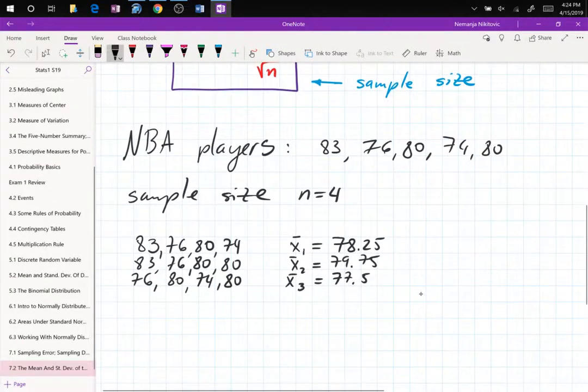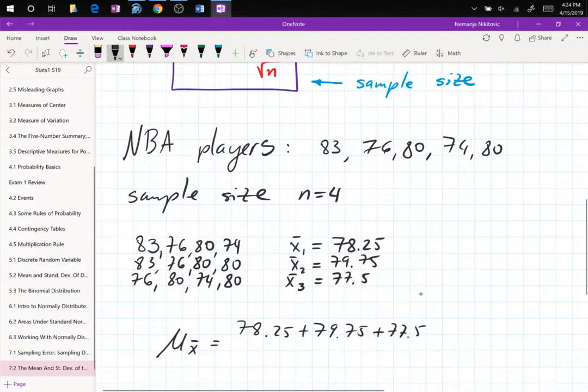Now, to find the mean of means, you will add these numbers and divide by 3 because we only have 3 of them. And we get 78.5.